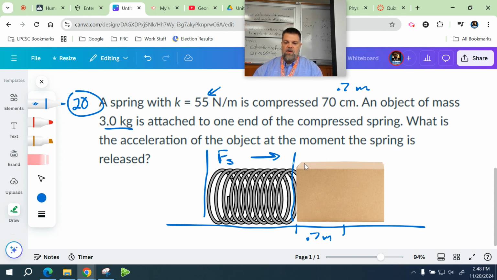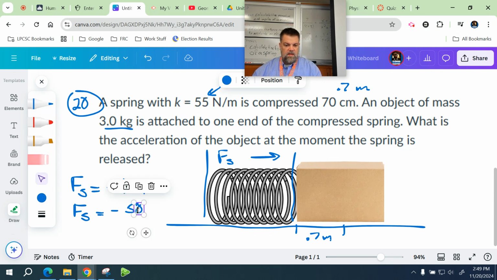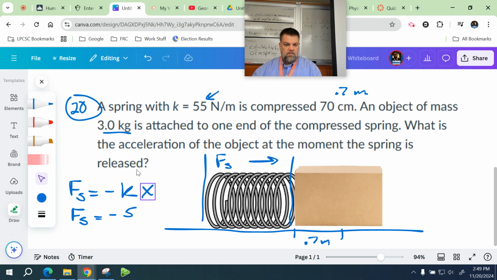So the first thing I need to do is calculate the force of the spring. I'm going to say the force of the spring is equal to the negative of the constant times the displacement, which is x. So the force exerted by the compressed spring is going to be negative 55, not 50, times 0.7.